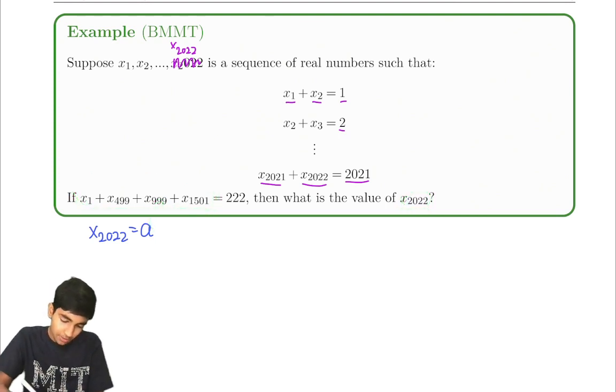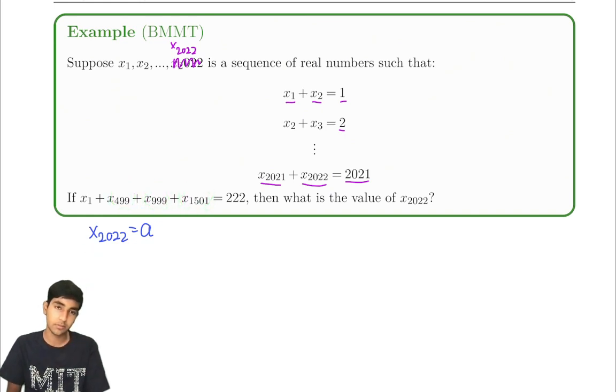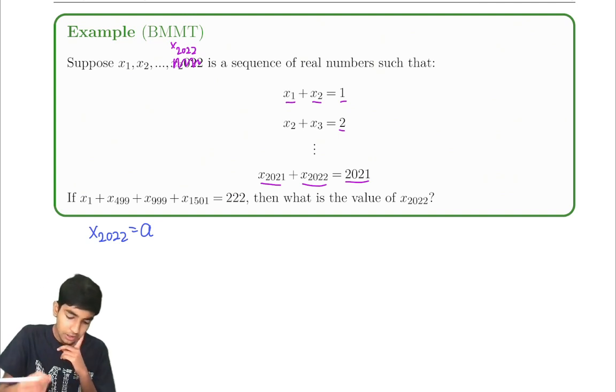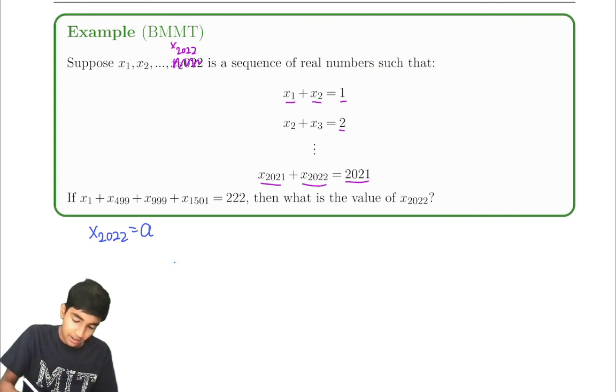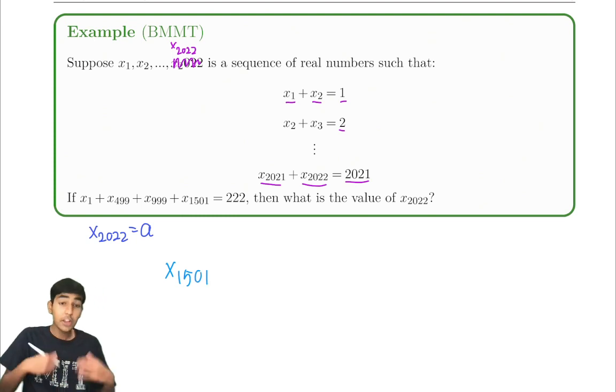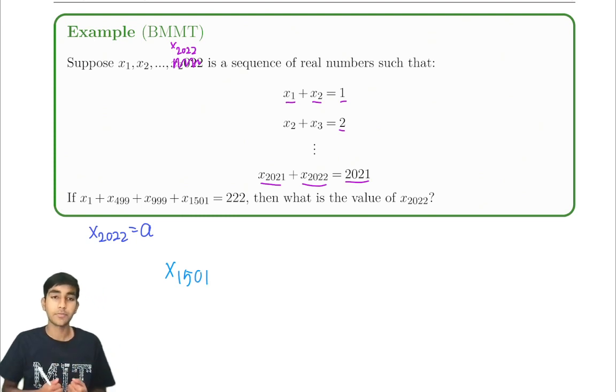But how do we express these in terms of x of 2022? So let's say we want to express x of 1501 in terms of x of 2022. How would we do that?